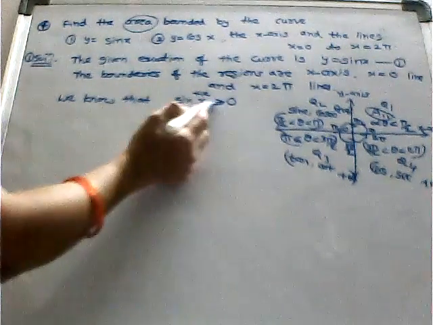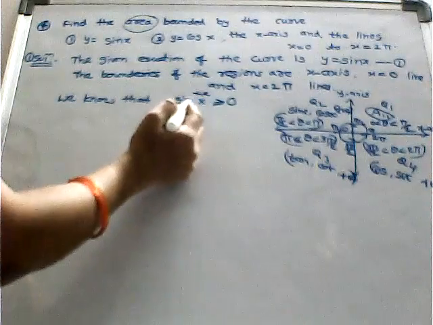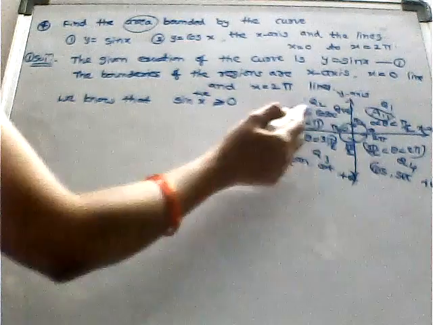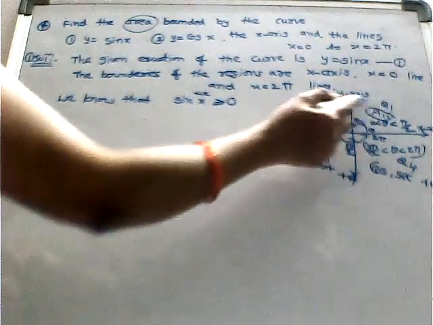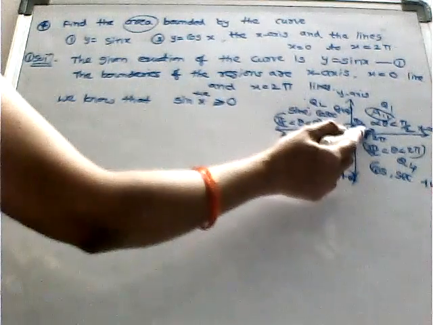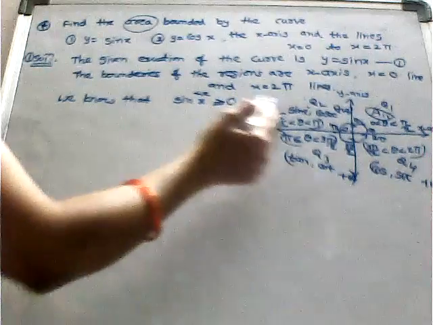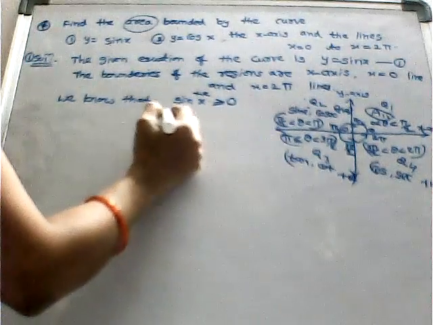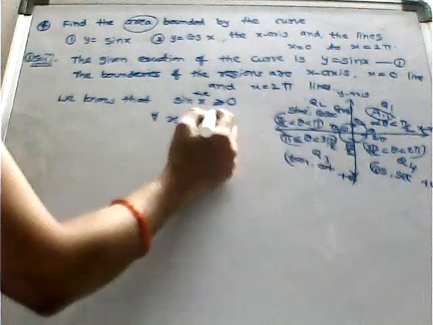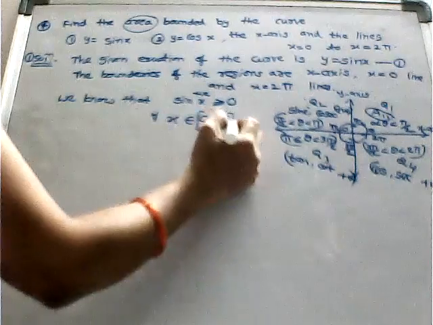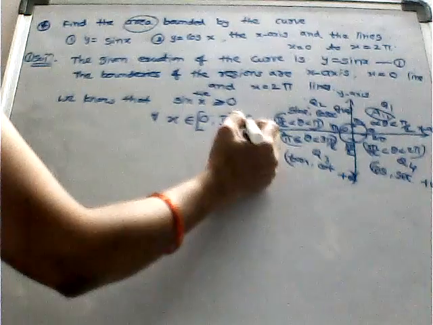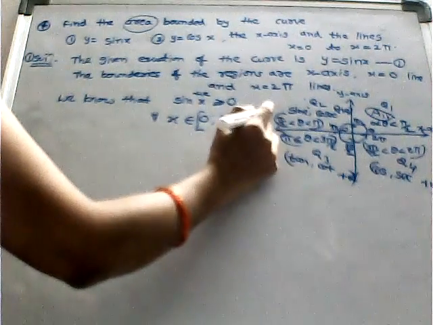Here sin x values are greater than or equal to 0. That means sin x values are positive in the Q1 quadrant and Q2 quadrant. Only in the Q1 and Q2 quadrants are the sin functions taken as positive. So that means 0 to pi. The sin values are positive for all x belonging to the closed interval 0 to pi, that is, 0 to pi by 2 union pi by 2 to pi.